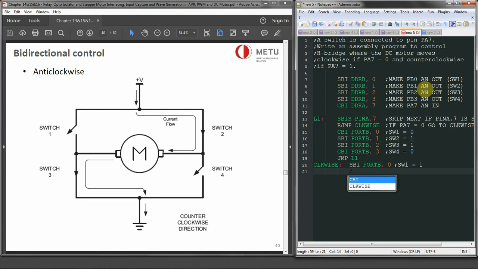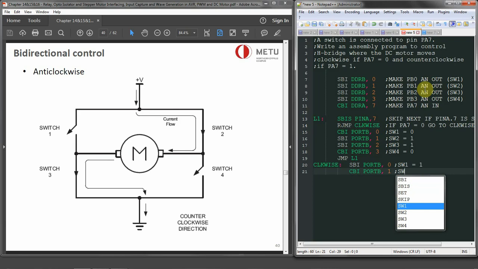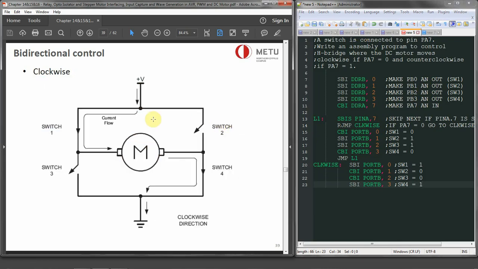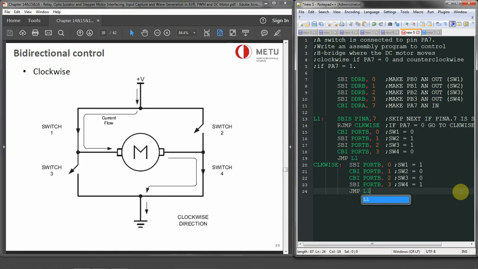Then CBI port B1, which is switch 2, has to be off, and switch 3 has to be off. Then switch 4 has to be on for clockwise rotation. 1 and 4 have to be on. And in the end we have to jump back to L1 to monitor the pin.